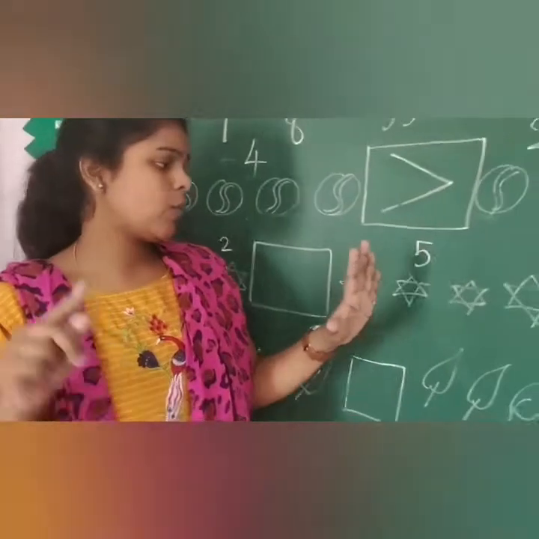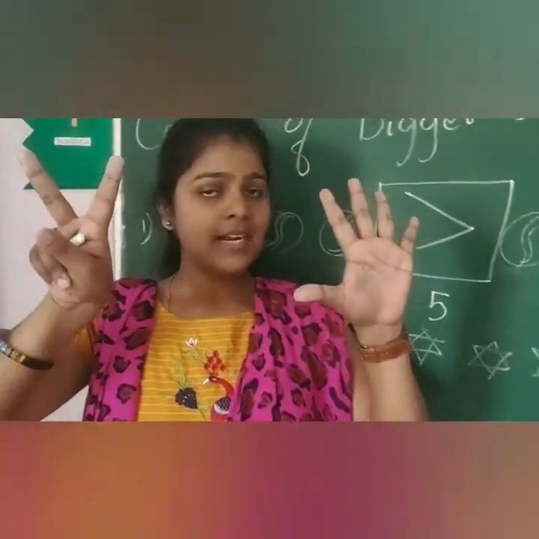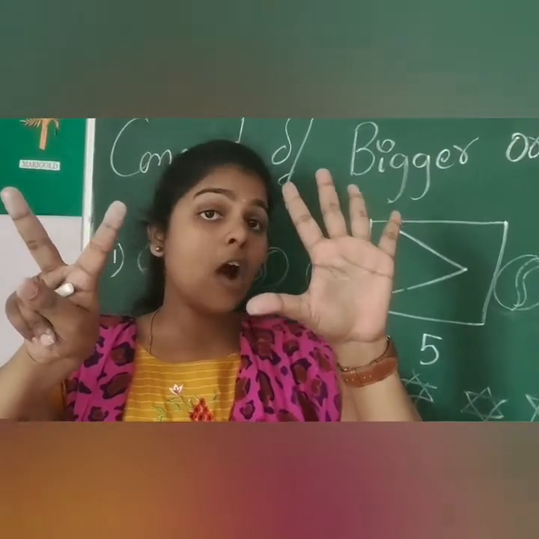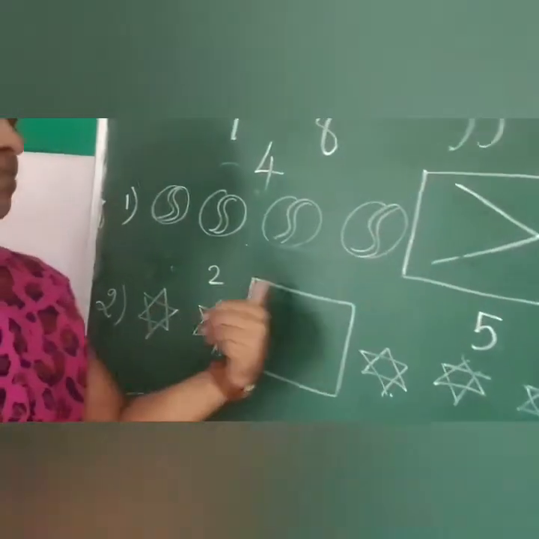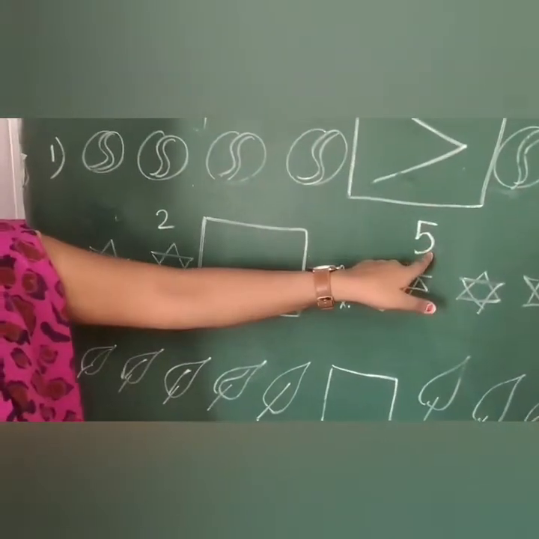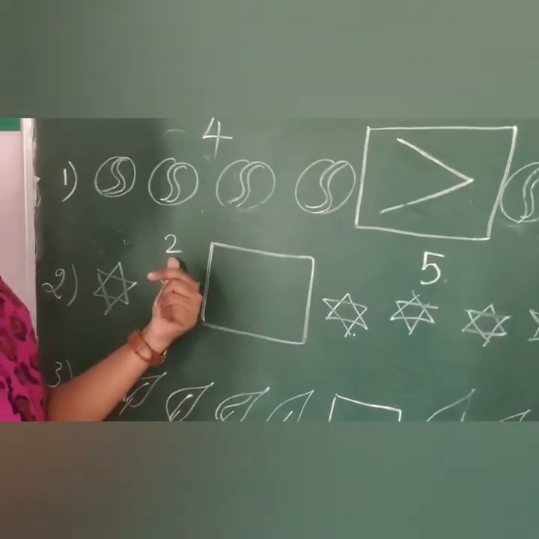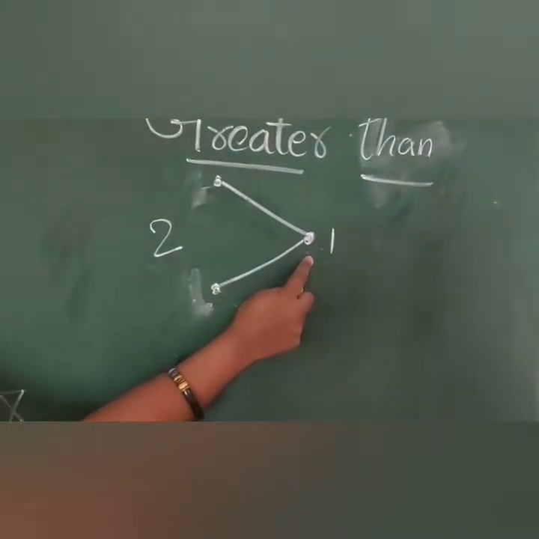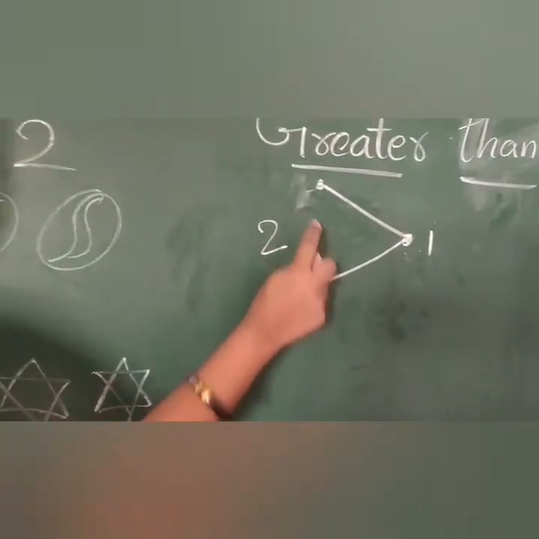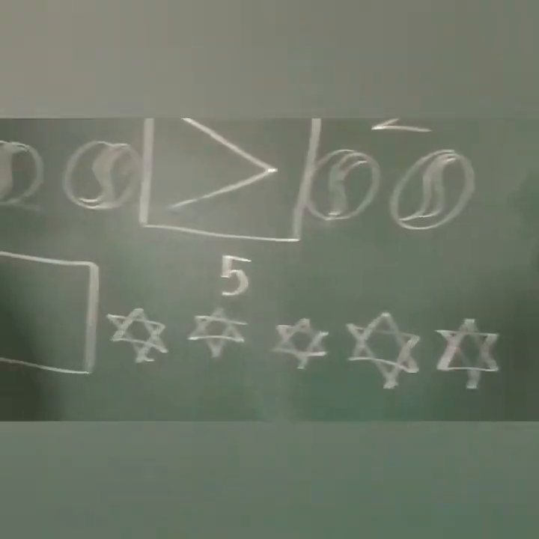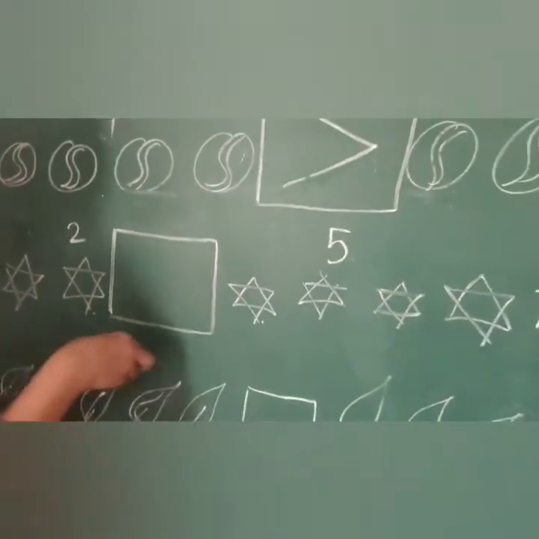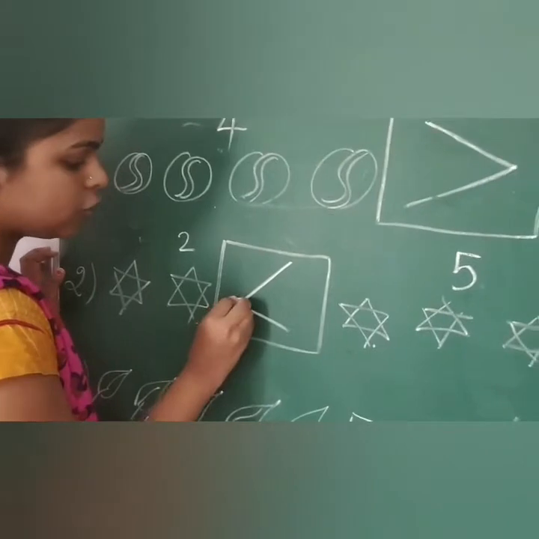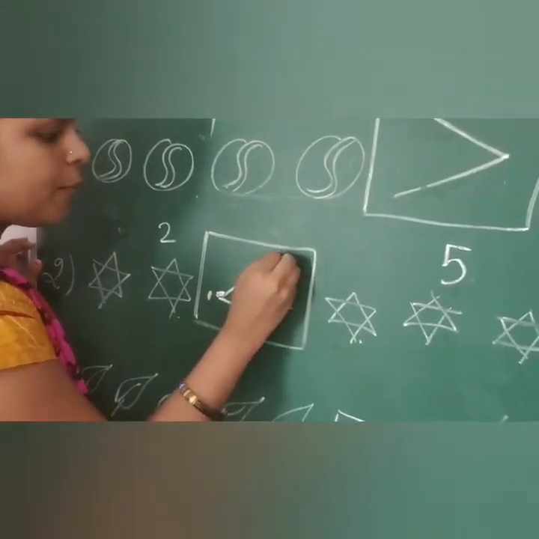Which is the bigger one? Tell me which is the bigger one? 5 is bigger, right? I already told you 2 is smaller than 5 and 5 is bigger than 2. We already know that the smaller end should have 1 point and the bigger end should have 2 points. So, since 2 is smaller than 5, we have to use the symbol with 2 points at the bigger end.